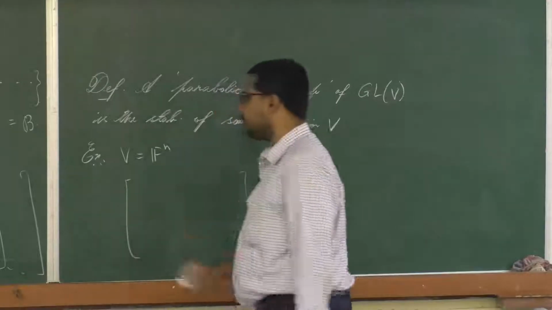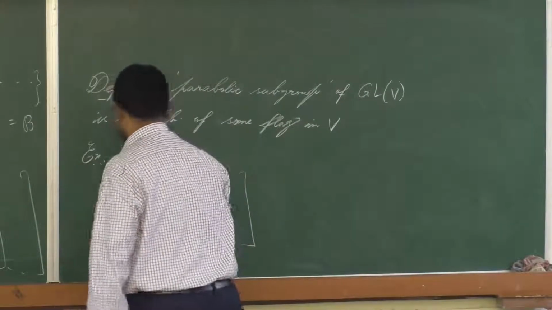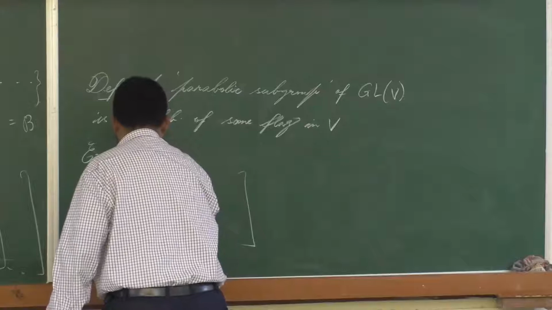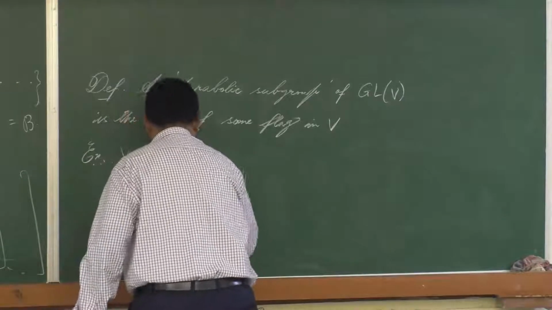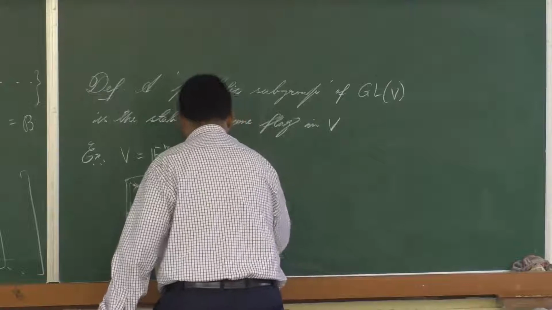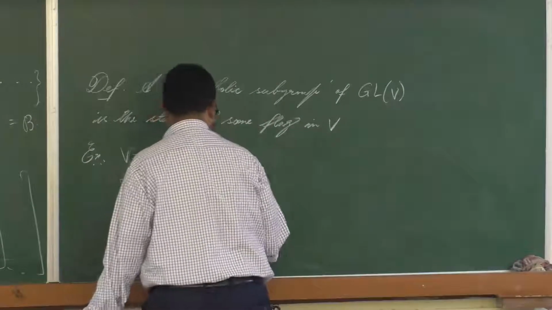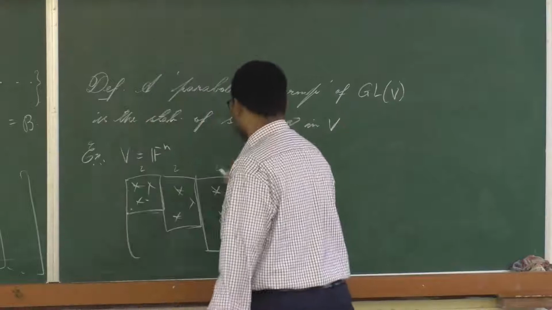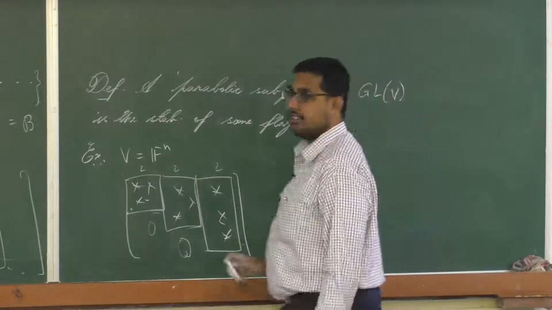Let's say we take 2 by 2 blocks, with block sizes 2, 2, 2, and all matrices of this form is a parabolic subgroup of GL6(F).